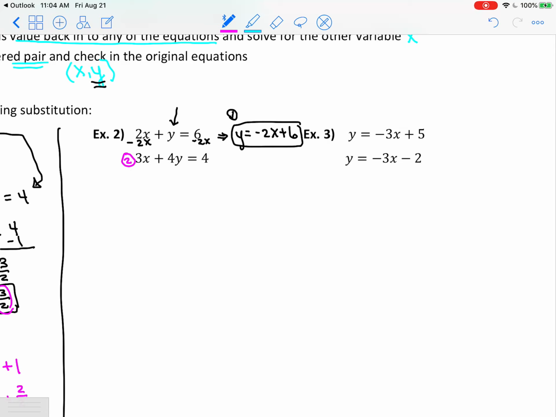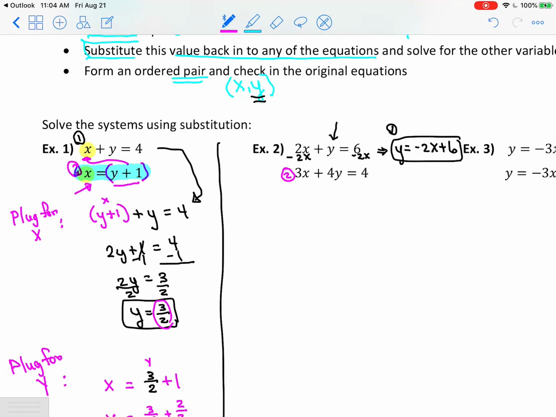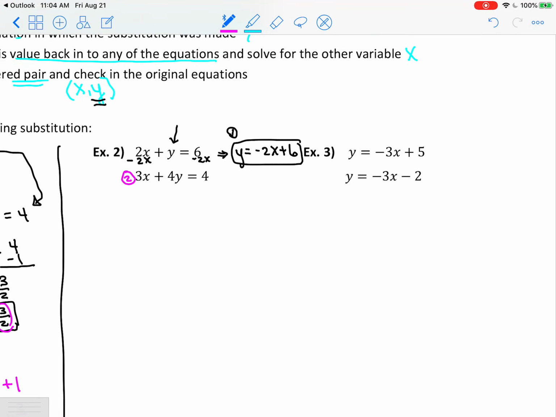All right, so in this particular case now, you can see instead of in example number 1, we isolated our x and we plugged in here for the x. Well, now we've got a y value, okay? So what that means is in this equation right here, I'm going to be plugging in what y is equivalent to. Okay, negative 2x plus 6 is what y is equivalent to. That's what this equation tells us.